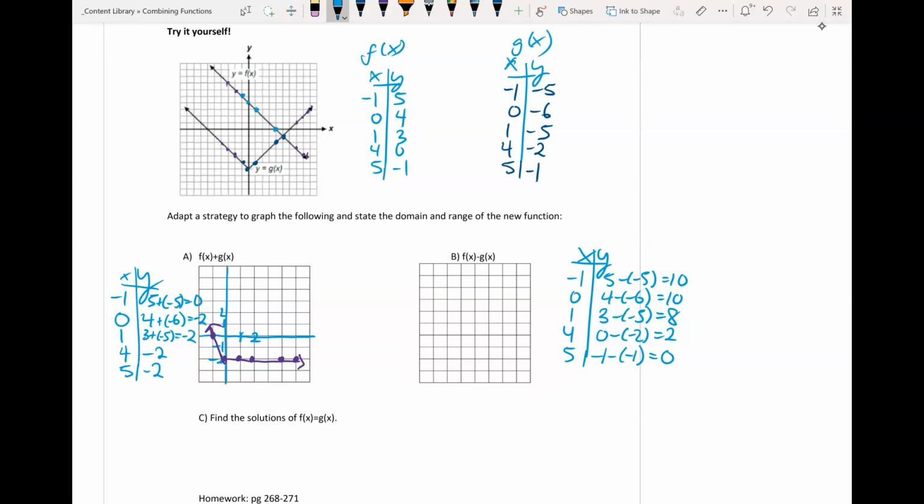So I'm going to go ahead and graph these points. And then I'll go up by 2s.